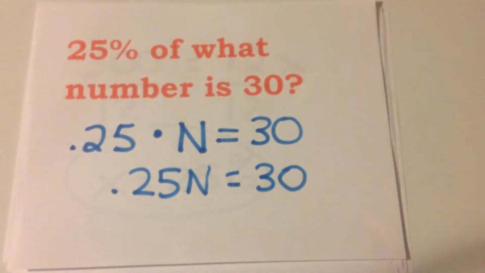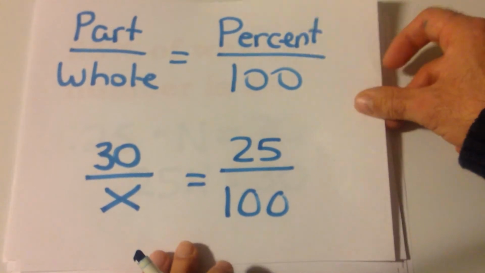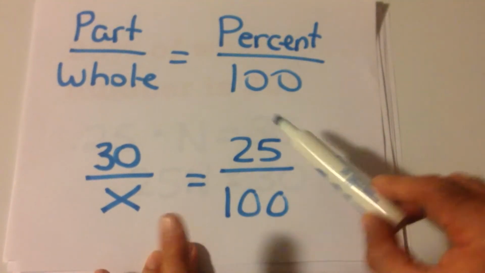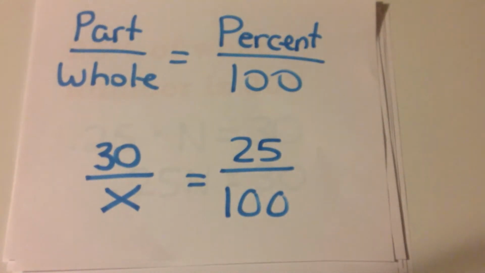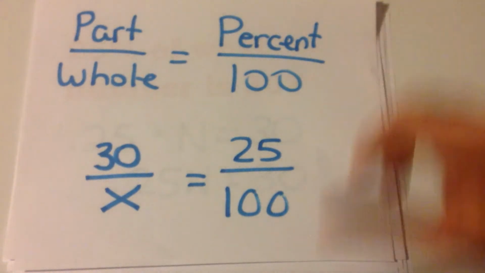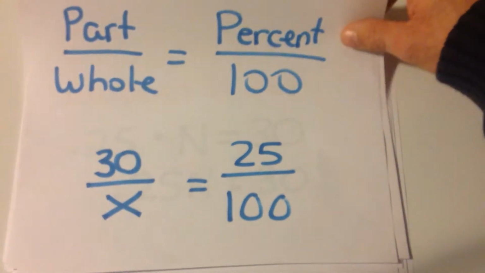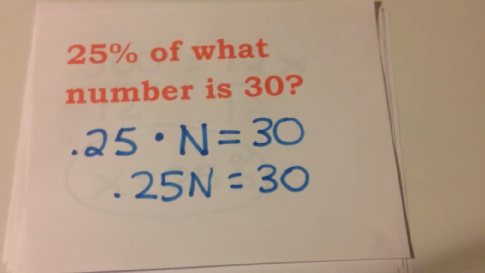Of what number? We don't know. That's why the x is in the whole. 25% of what number is 30? That's why we do it that way. Cross multiply and you get the same answer, which we got before. Divide out the 25, and you get 120.